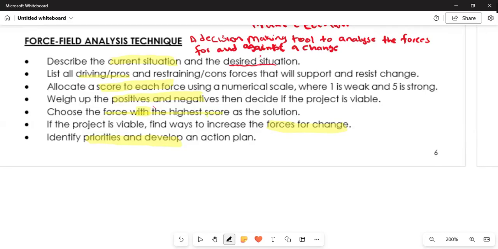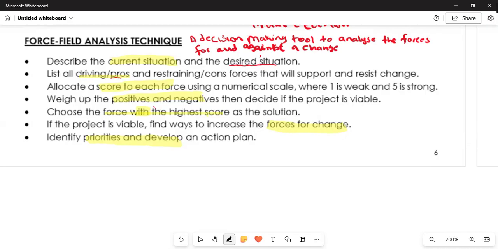The driving forces are the advantages, but restraining are the disadvantages of the change that will come up.